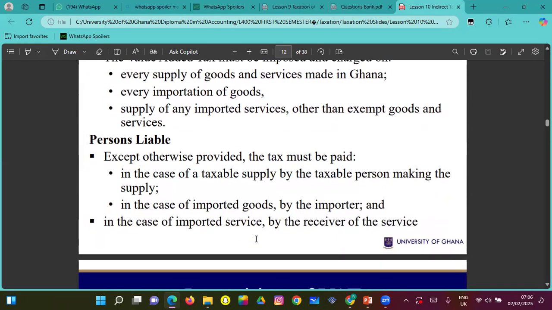So the persons that are liable for this, except otherwise provided, the tax must be paid, in the case of a taxable supply, by the taxable person making the supply, in the case of imported goods by the importer, and in the case of imported service by the receiver of the service.